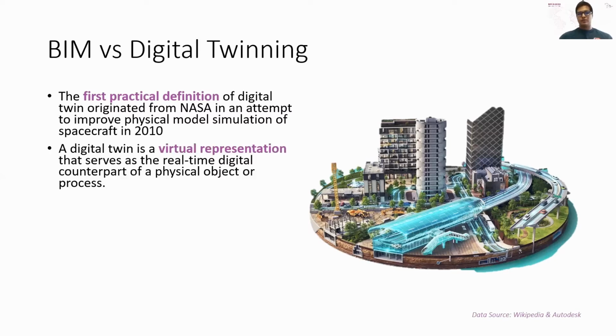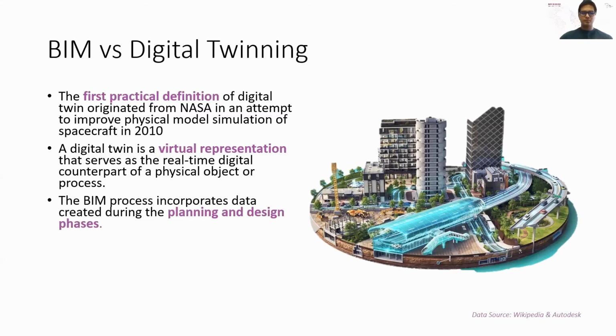A digital twin is a virtual representation, right? BIM is a digital representation. They might sound quite similar, but they are very different. A digital twin serves as a real-time digital counterpart of a physical object or process. The BIM process incorporates data created during the planning and design phases.